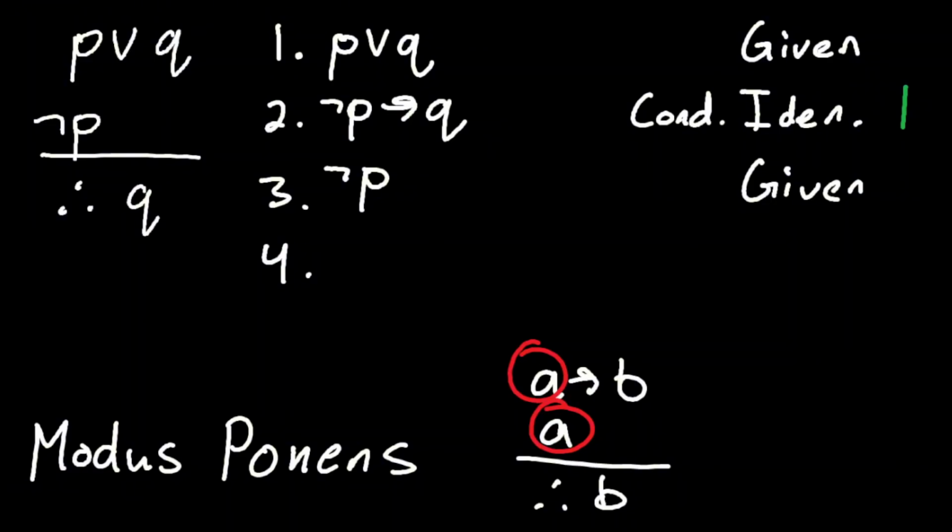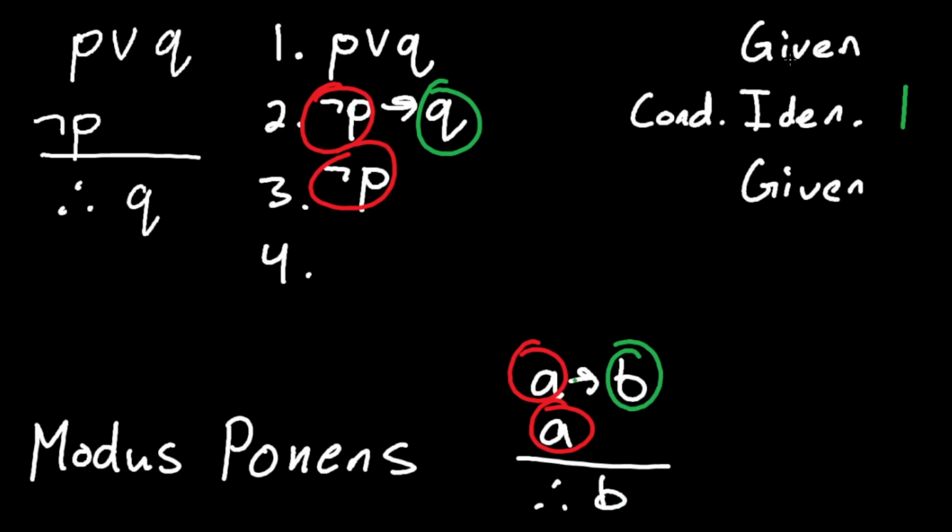A can be a negated P, A can be P or Q, A can be anything. A is just a section of your statement. It could be an entire compound proposition, okay? But in this case, it is just not P. So not P right here can be treated as A using modus ponens. And Q can be treated as B.